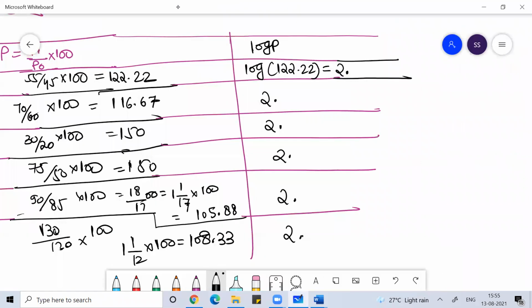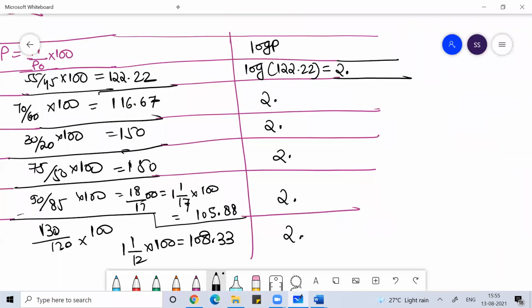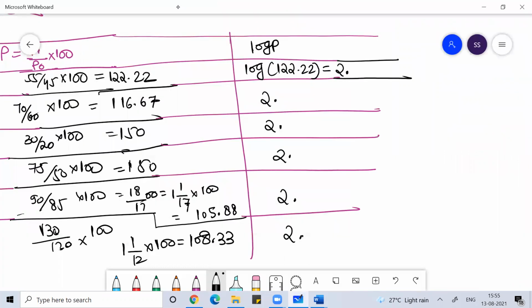Then add the mean difference, 7, which gives 0.0871.